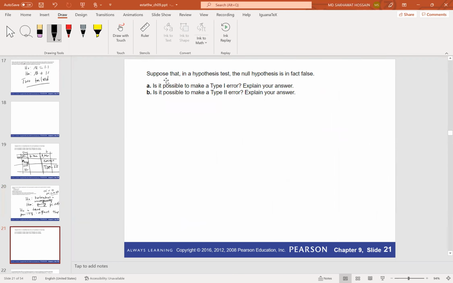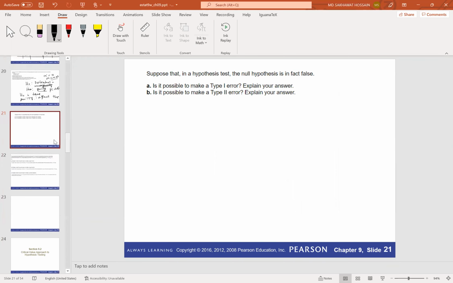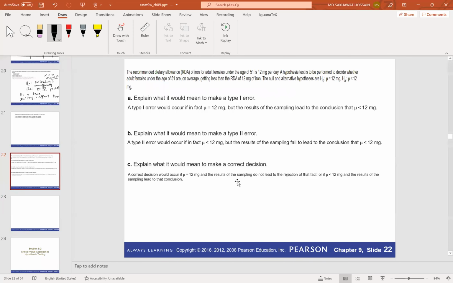Okay, so suppose that we have a null hypothesis. Actually we discussed a similar type of problem, so I'm not going to discuss this one again. Okay, so this is the last example for today's class. The recommended dietary allowance, RDA, of iron for adult females under the age of 51 is 12 milligrams per day.